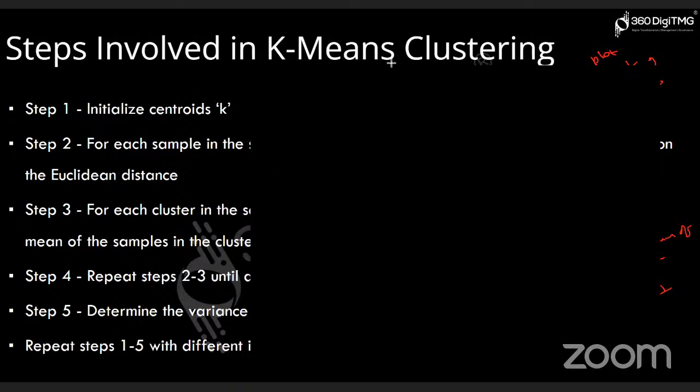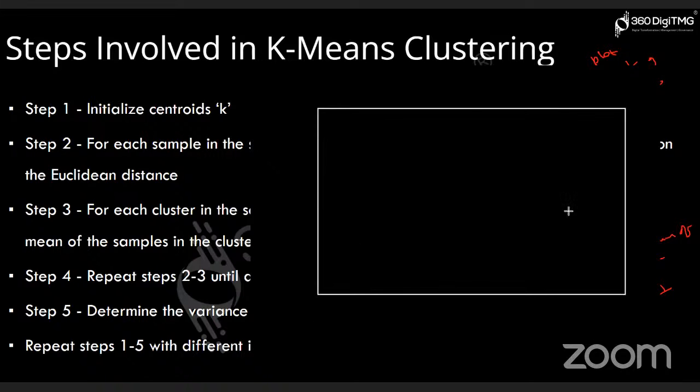Let me just show you here. Then we will plot it for different values of k. K is here 1, 2, 3, 4, 5, 6, like that, and here we have different values of TWSS, total within sum of square.